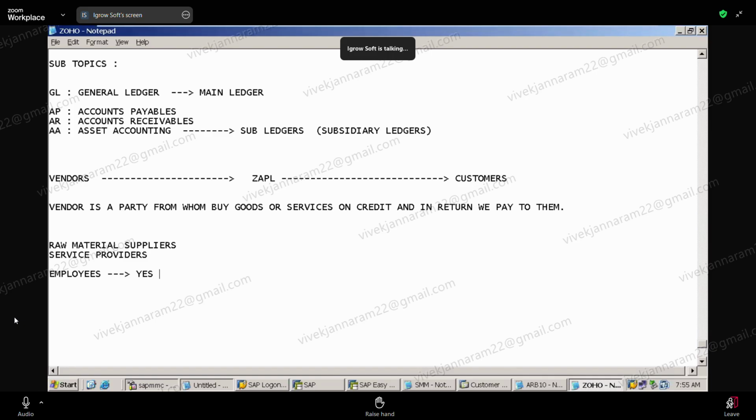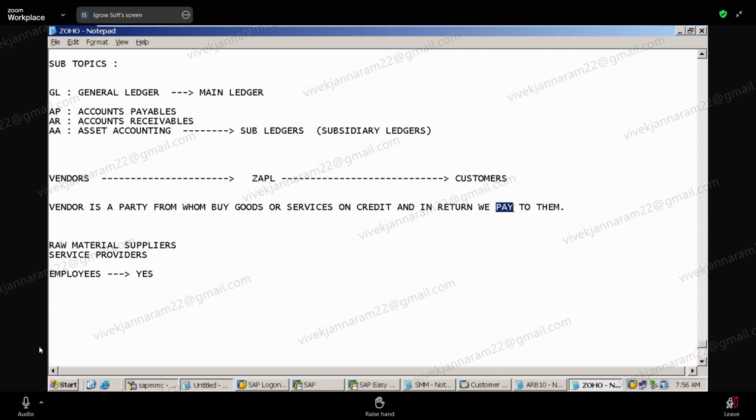So all employees are vendors for the company. Why? Because they are giving their service, 9 to 5, on credit. Are they taking the money immediately? No, sir, month end. In return, the company is paying the salary. So all conditions are satisfied.